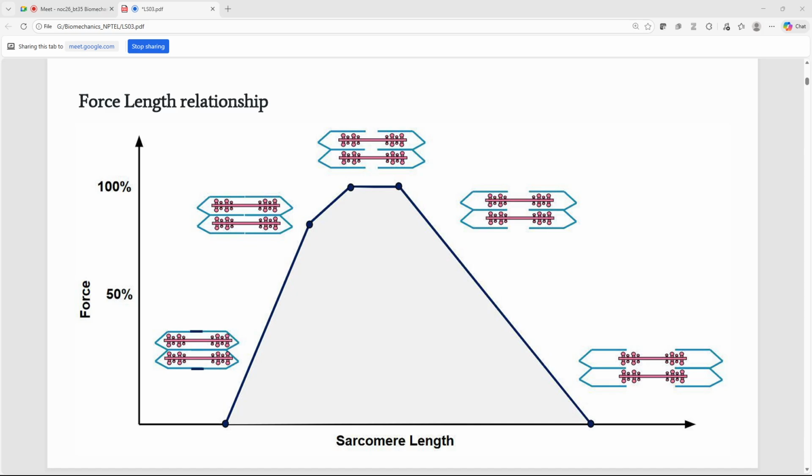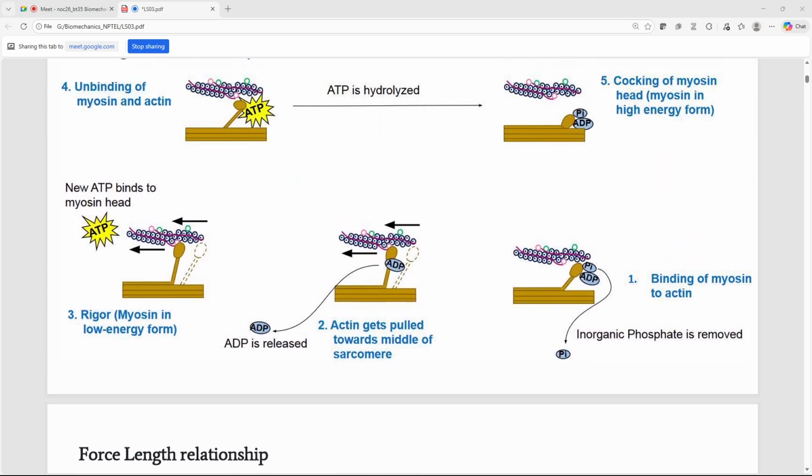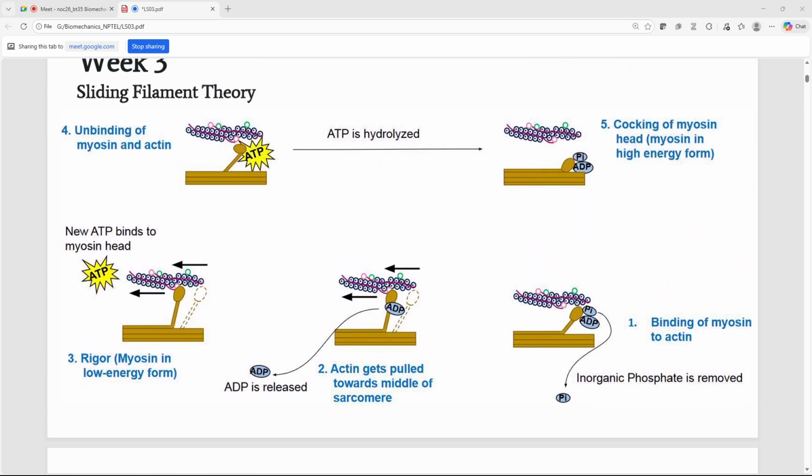In the resting state, the actin and myosin overlap partially, and the element called tropomyosin blocks the myosin binding sites, and because of that, the actin could not bind with the myosin.